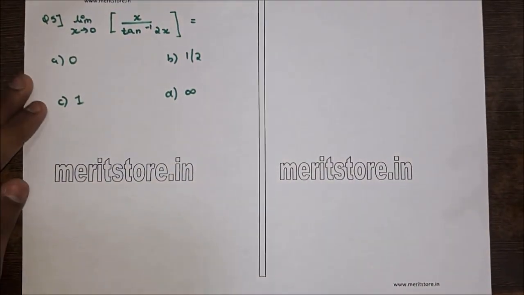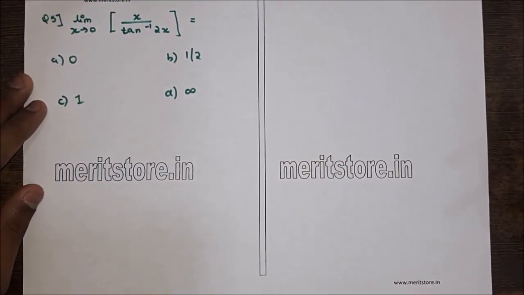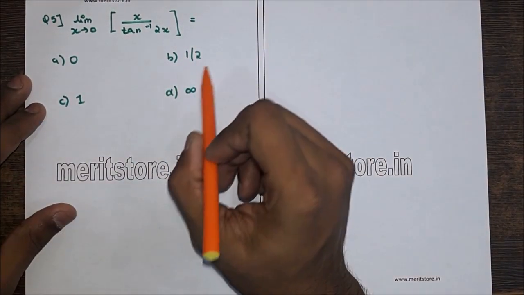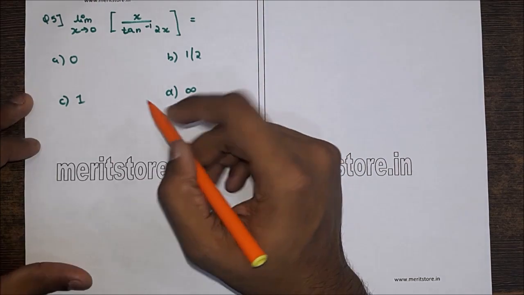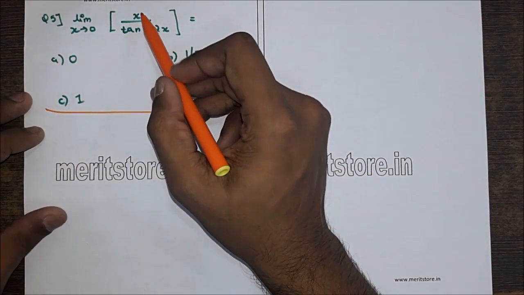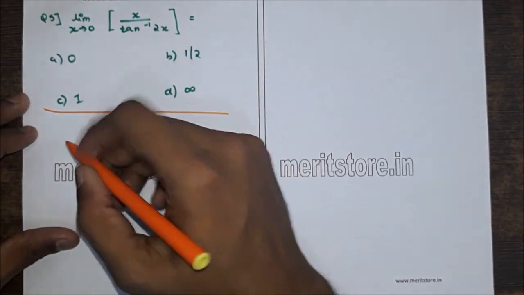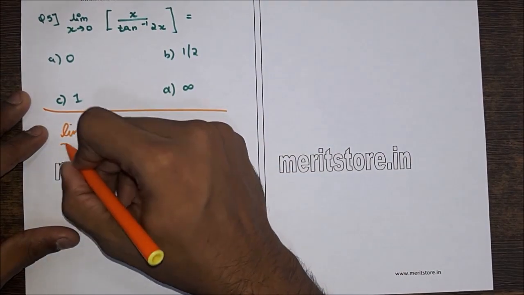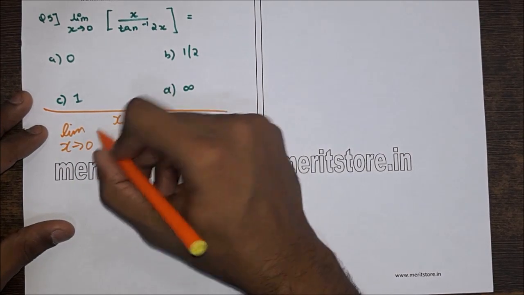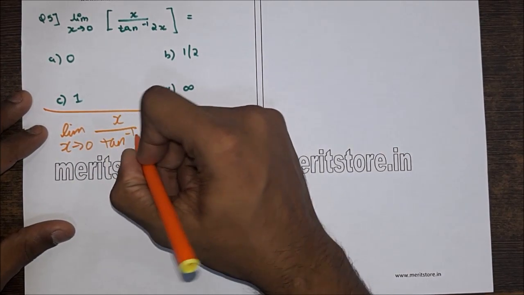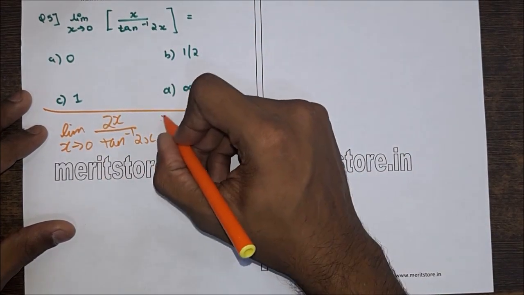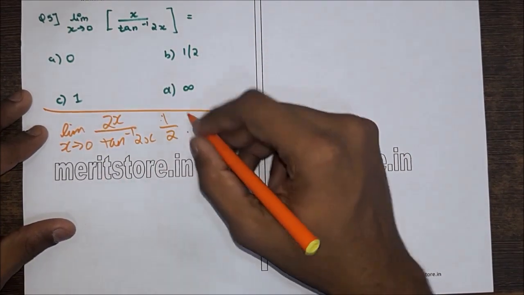Limit of x tends to 0, x by tan inverse of 2x equals a 0, b 1 by 2, c 1, or d infinity. What we could do is multiply and divide by 2. That gives us limit of x tends to 0 into x by tan inverse of 2x into 2 by 2.